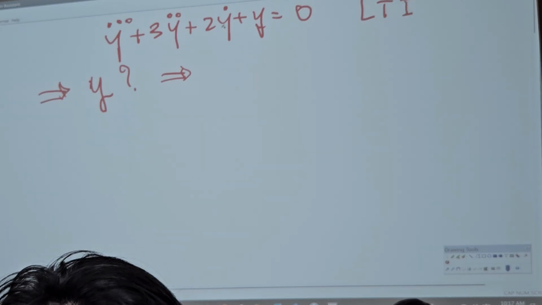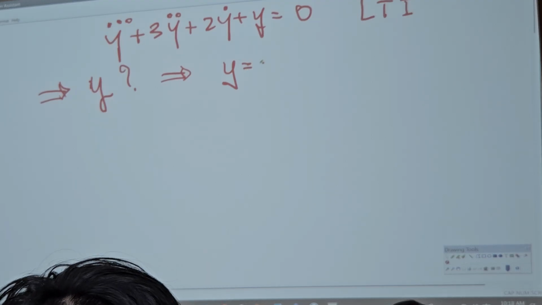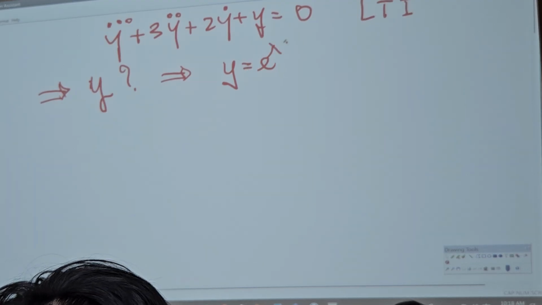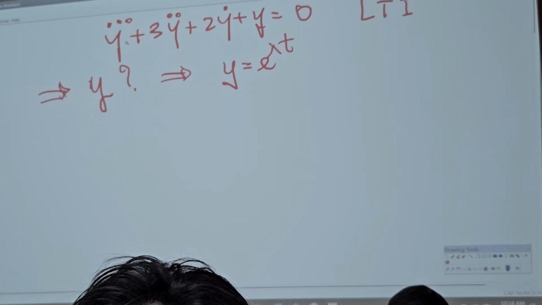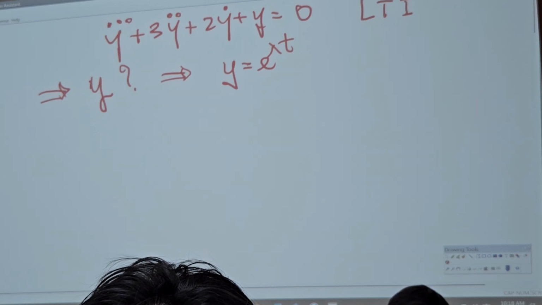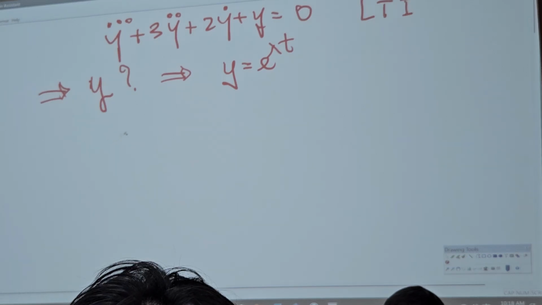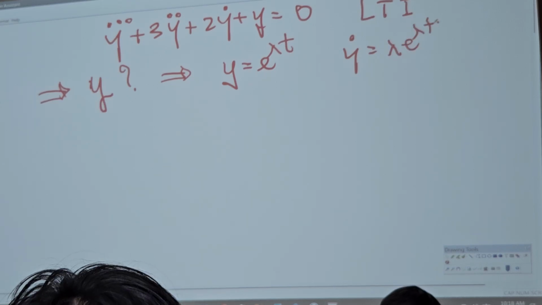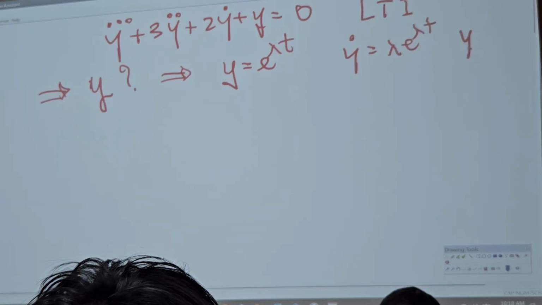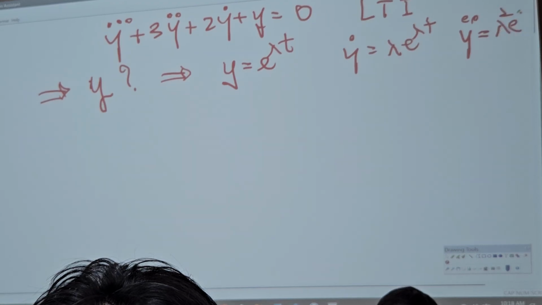We assume our solution is e to the lambda t, and substitute this one into this one. So you have y dot equal to lambda e to the lambda t, y double dot equal to lambda square e to the lambda t.